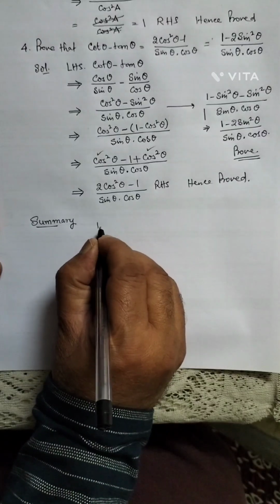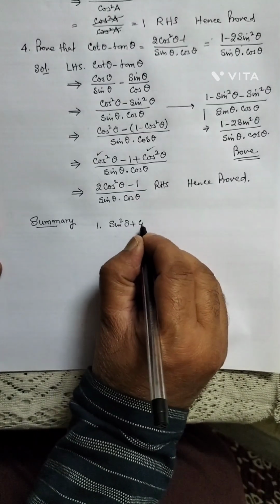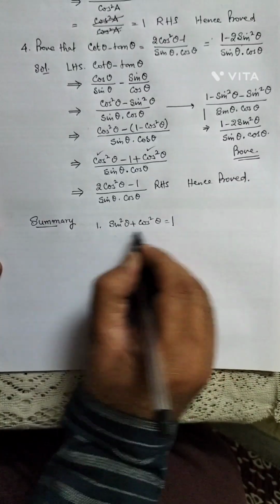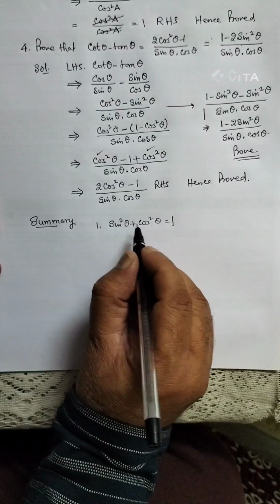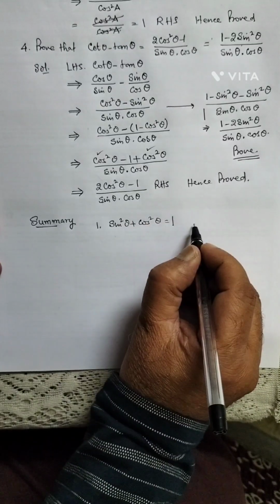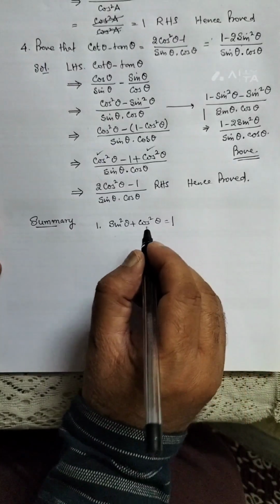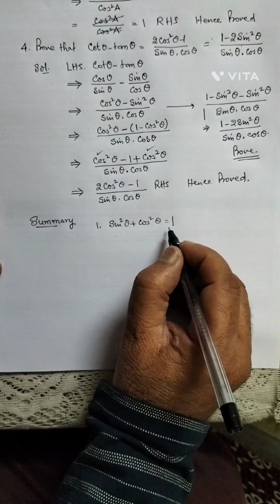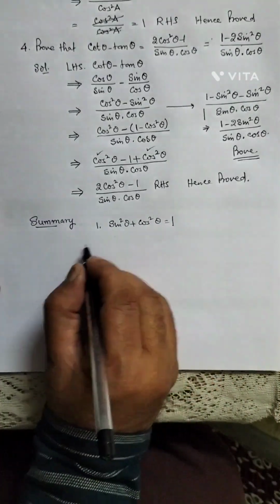The first identity is sin square theta plus cos square theta is 1. In various form this can be used. If we have to use sin square theta, we can use 1 minus cos square theta, or cos square theta as 1 minus sin square theta, or cos theta as 1 minus sin square theta under root, and so on. There can be a number of combinations of this.